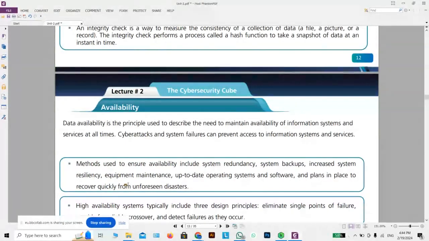A simple example is bank details: I can access my financial records, my credit and debits, 24/7.